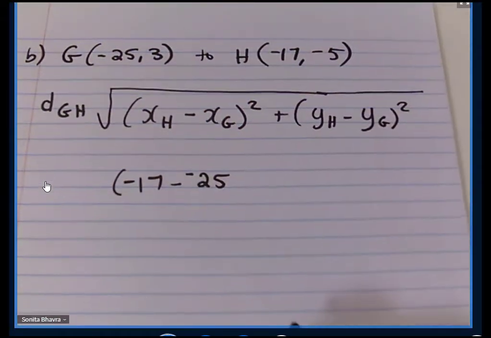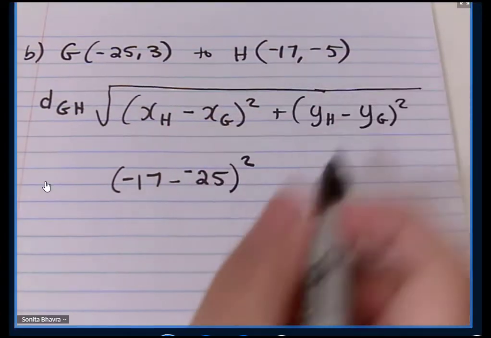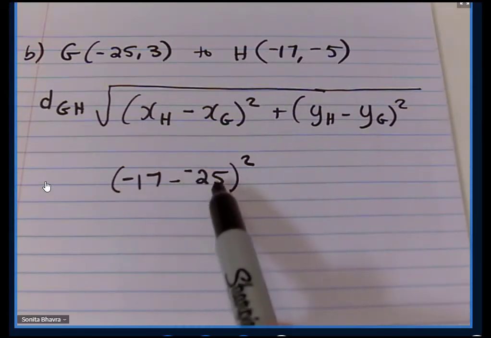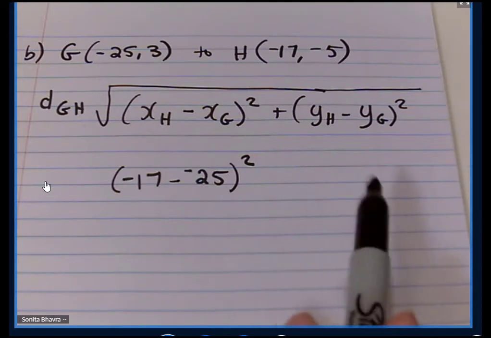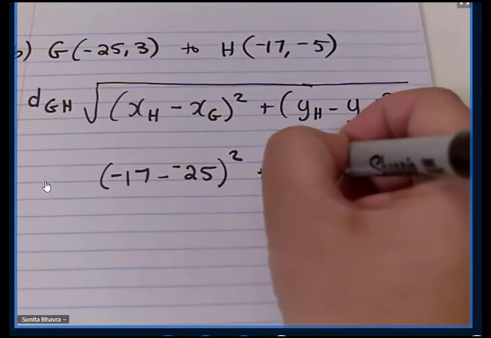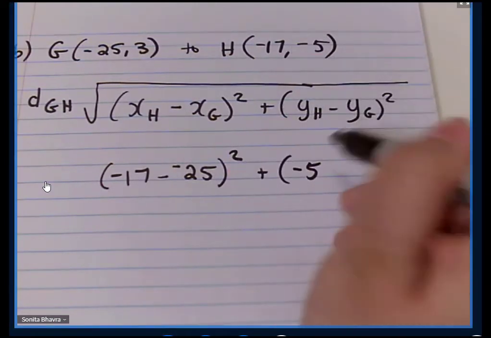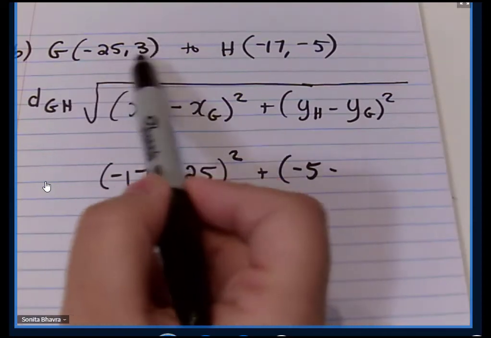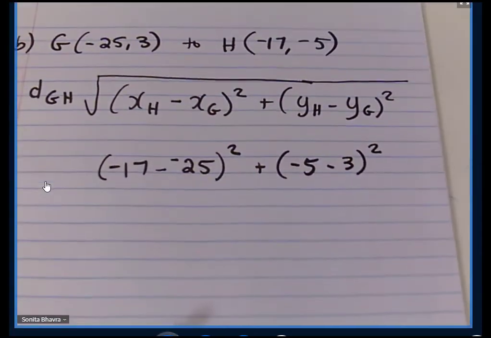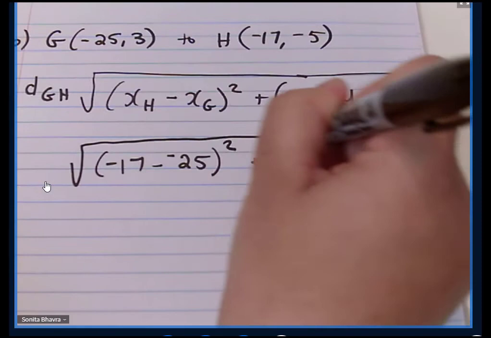I'm just going to write it like that to show you, but you could also have written it as negative 17 plus 25, because minus negative 25 would just become plus. And then plus, we have negative 5, that's my y of H, minus the y of G, which is 3, so minus 3, squared. And don't forget, all of that you do have to take the square root of.